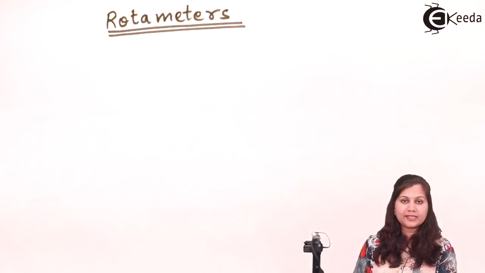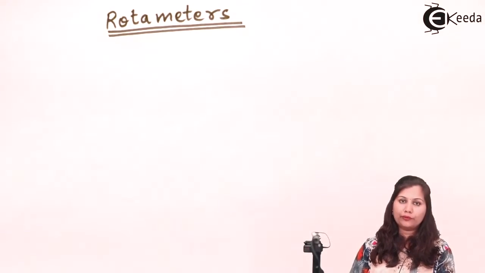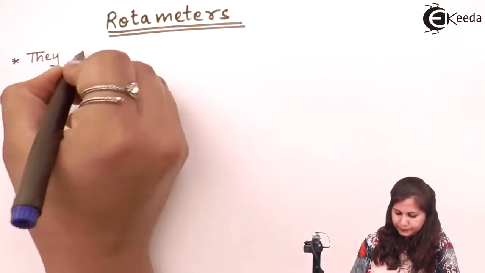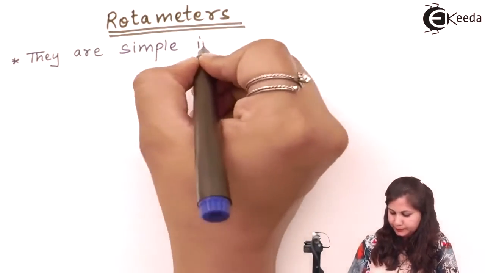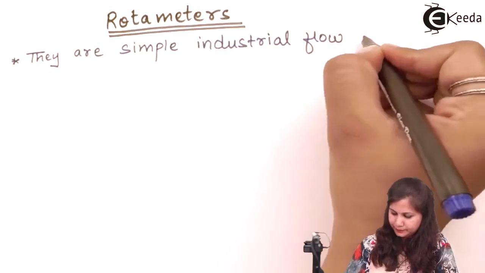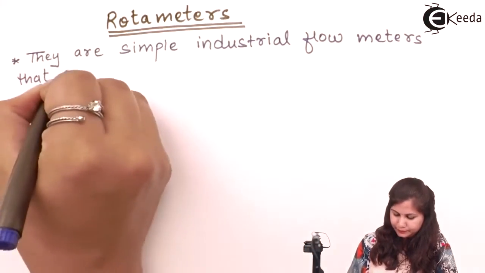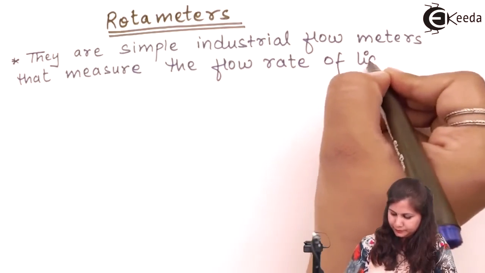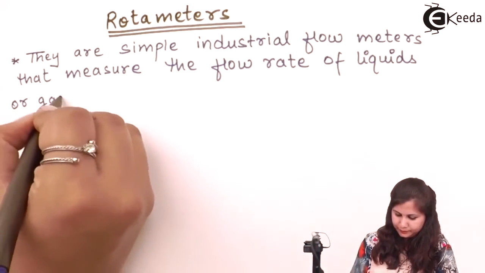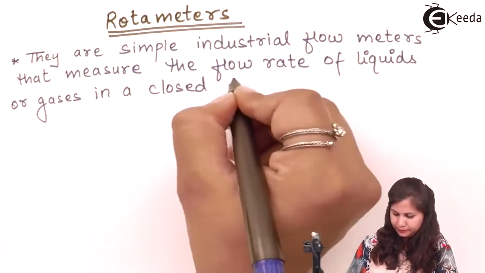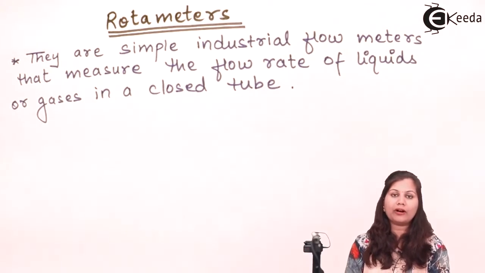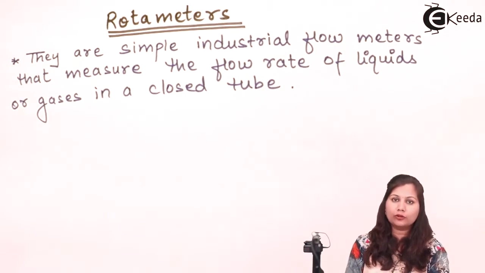Rotameters are the devices which are used for the measurement of flow rate. So they are used as flow meters, means for the measurement of the flow of either liquids or gases in a closed tube.